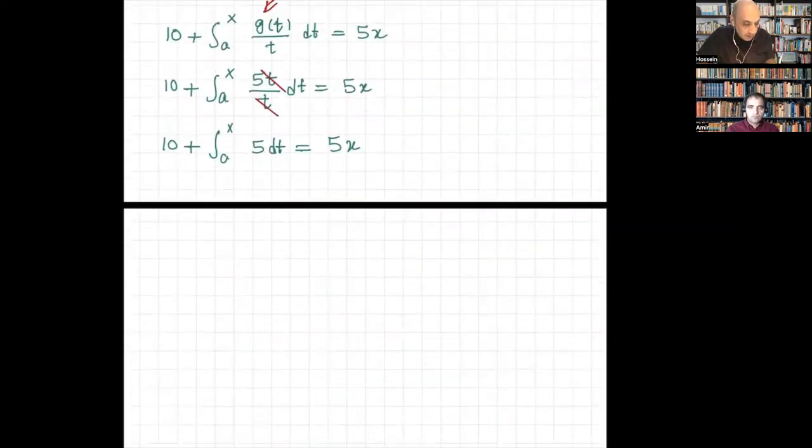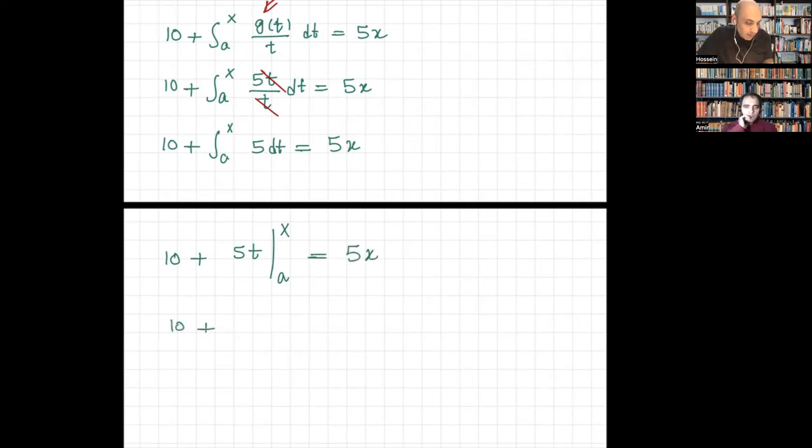Now it is easy to solve that integral. So 10 plus, the integral of 5 dt is 5t, and t is from a to x, equal to 5x.